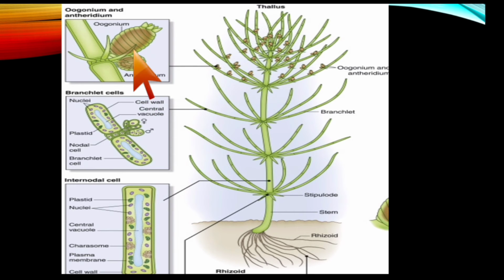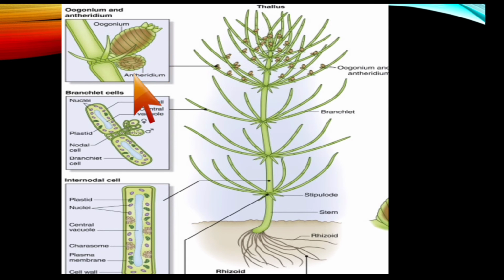If you remember, in the nucleus, we had already discussed in the previous video the presence of the jacket cell around the oogonium, around the sex organs, which is similar to that of bryophytes.